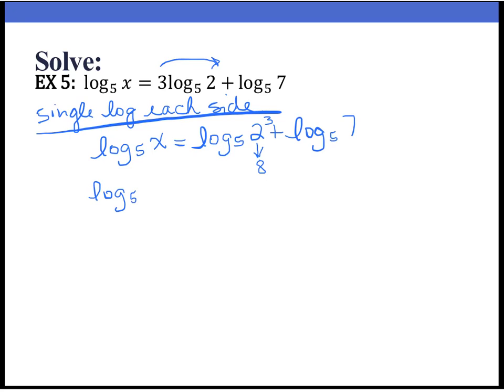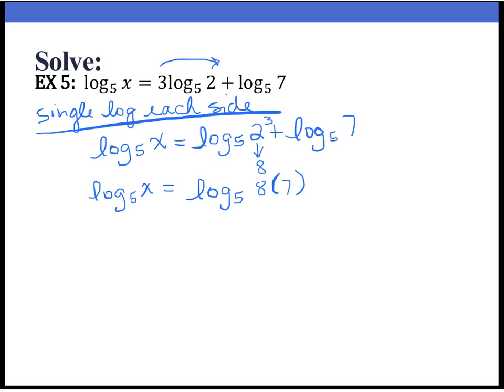Now I'm going to go ahead and change my 2 cubed to an 8. And I'm just going to start with writing down the left. And this addition means that I multiply. So I'm going to multiply 8 and 7, like that. And what I can do now is, since I have matching logs and matching bases, that means the number is the same.